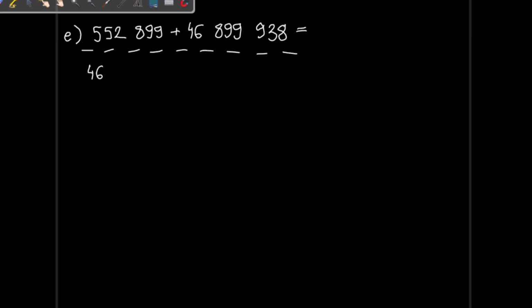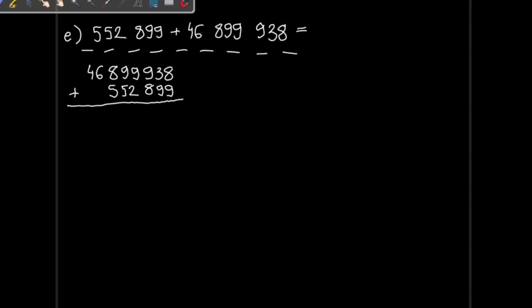So 46,899,938 plus, once again, these two numbers have a different amount of digits. This one has 6 digits. This one has 8 digits. So we need to write the 5 here. So 552,899.